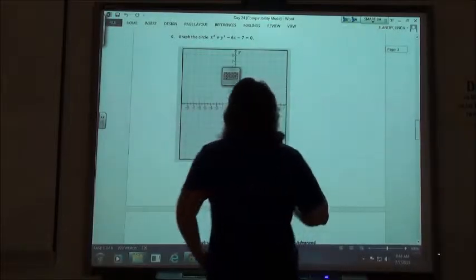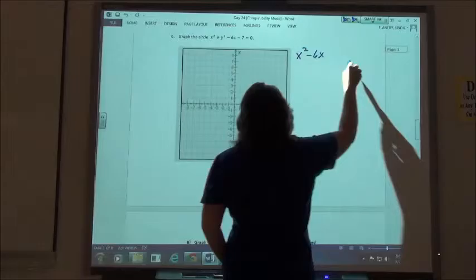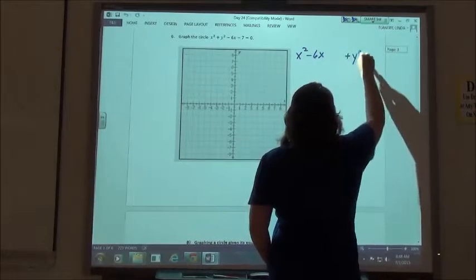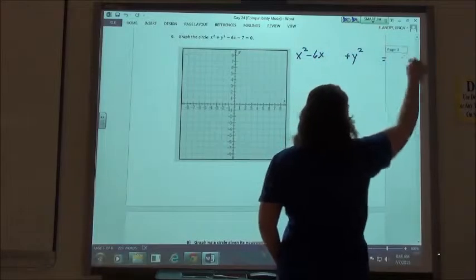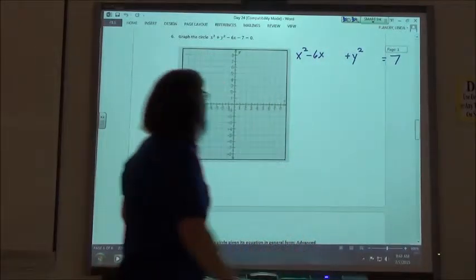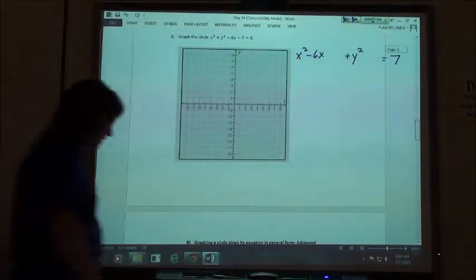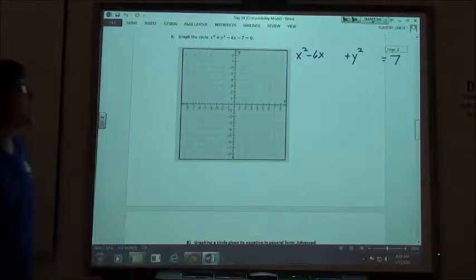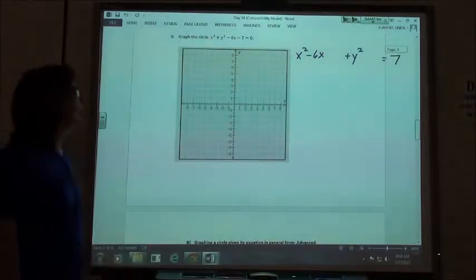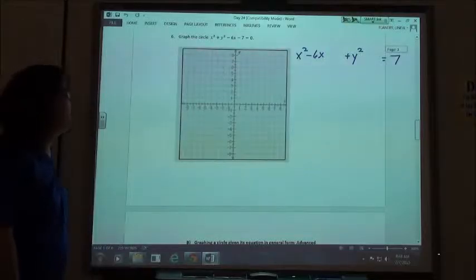So number 6, we have x squared minus 6x plus y squared, no other y's, equals the 7 I got to move to the other side, so it's going to be a positive 7. So if I complete the square on my x's, I'm going to get x minus 3 squared.